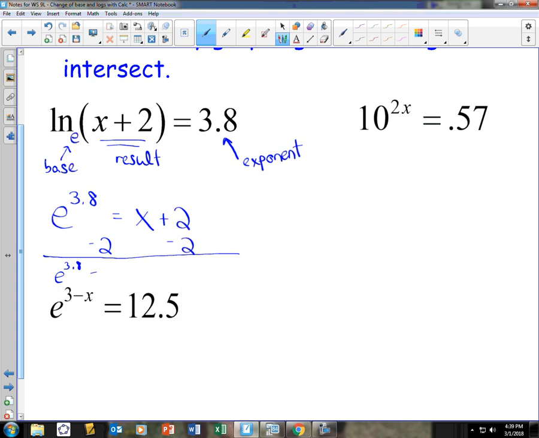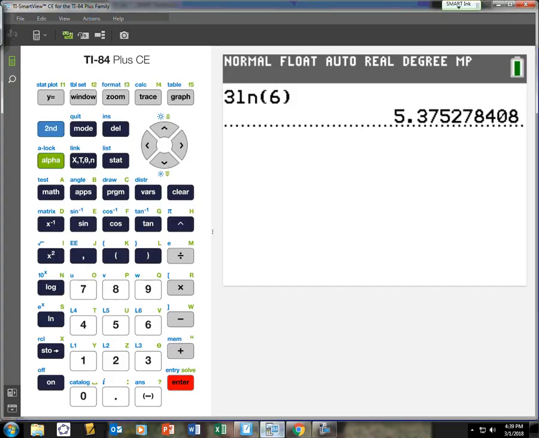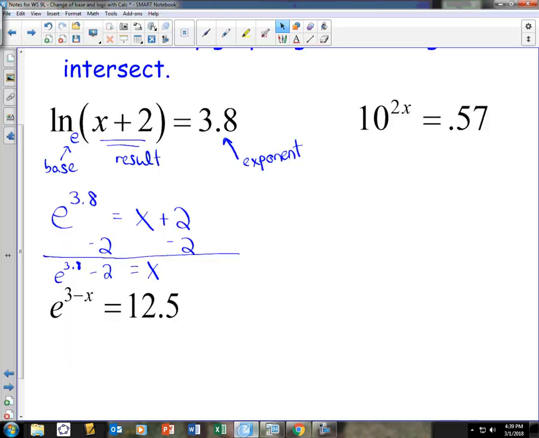So let me get my calculator out. e to the 3.8, take away 2 is 42.7. So x is 42.7.